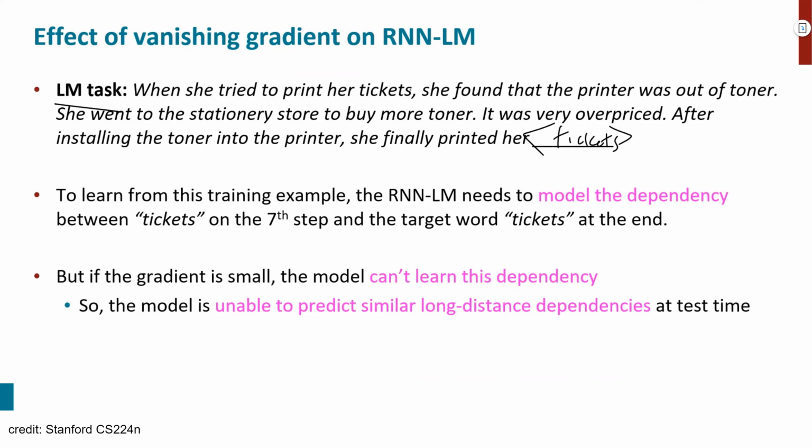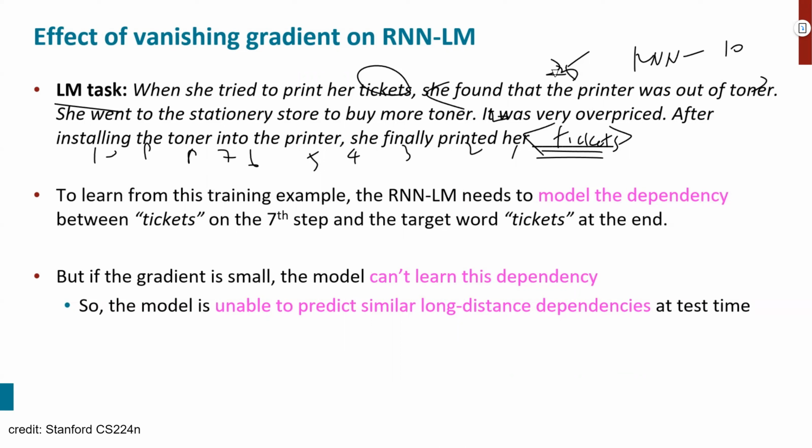However, tickets here are very far from this place. Like, how many words are there? Like 10, 20, like 25. However, our RNNs can only think about 10 time steps.